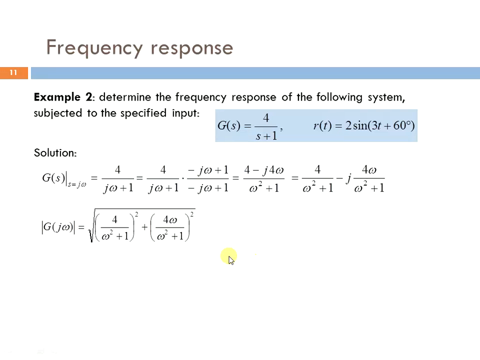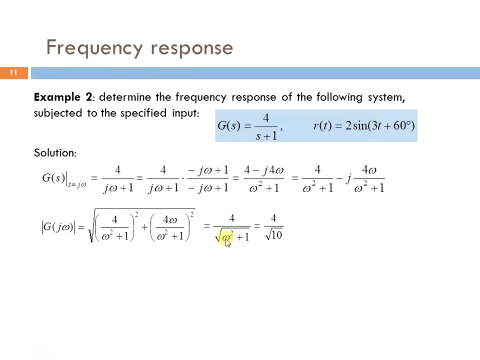So the magnitude response term is given by this. So this is 4 over square root of omega squared plus 1. Now from the given input, we note that the input frequency is equal to 3.